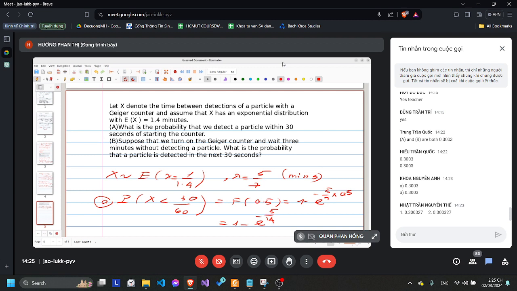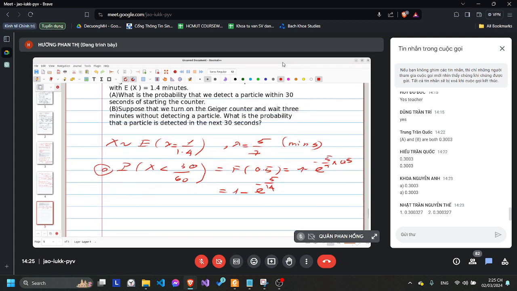Okay, question B. Suppose that we turn on the counter and wait 3 minutes without detecting the particle. What is the probability that a particle is detected within the next 30 seconds, given that the counter was already turned on for 3 minutes without any detections?